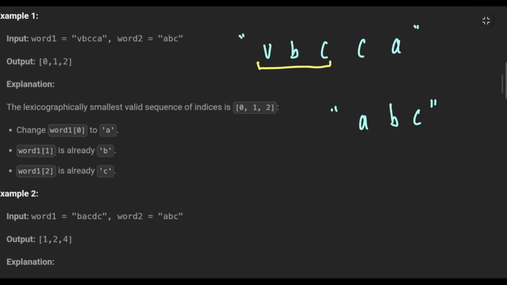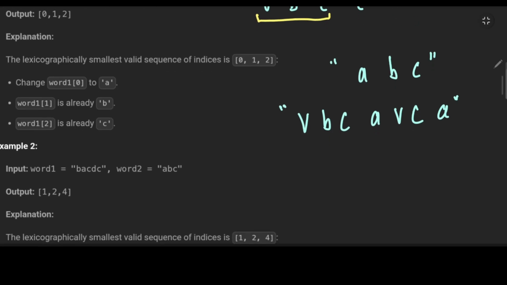Let's say the sequence will be v b c a v c a. Okay, let's assume this is the word1 and we have the word2 as a b c.